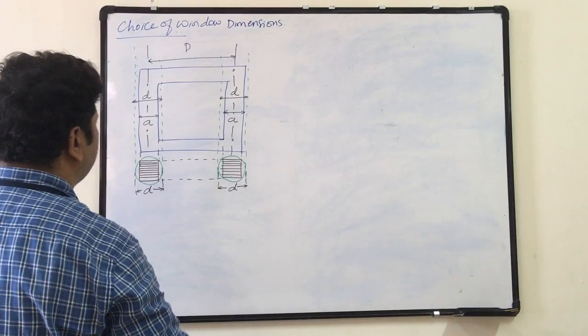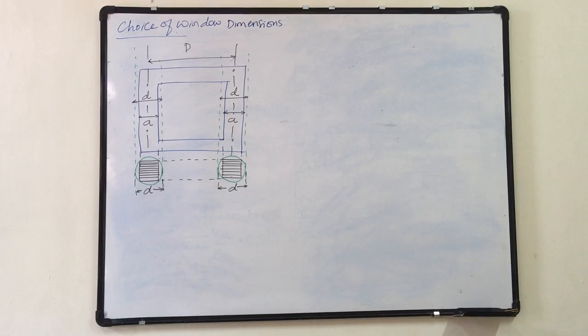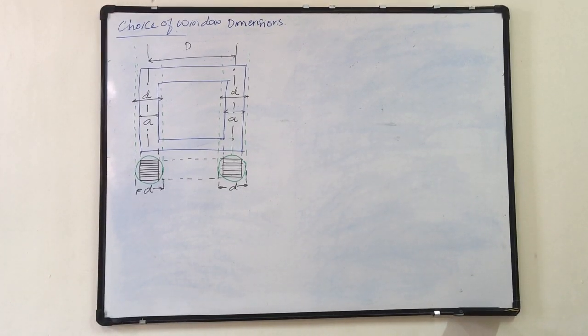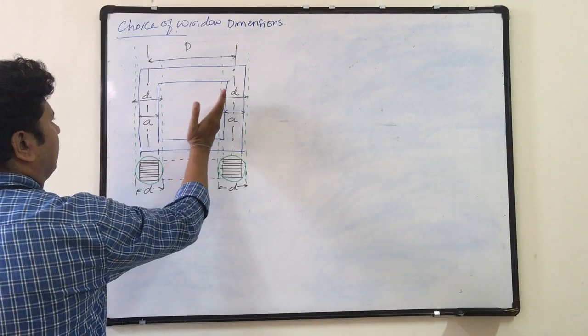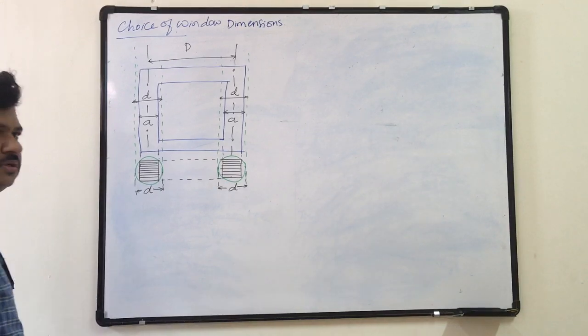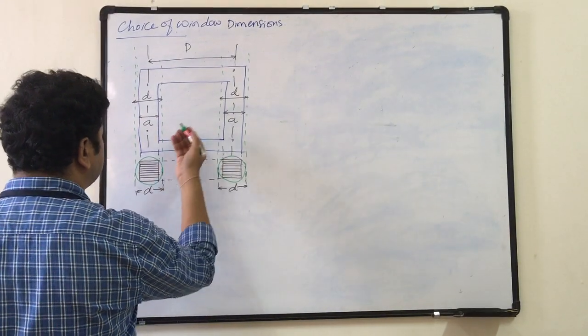Now, what is the window? The space that is available after the circumcircle, between the two limbs of the transformer, is my window. This is the entire area of the window, after this diameter and after this diameter. So the area of window is given by these dimensions.